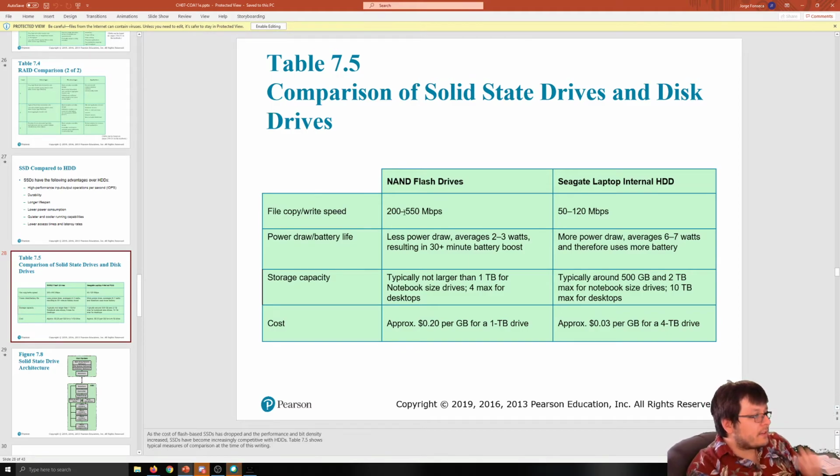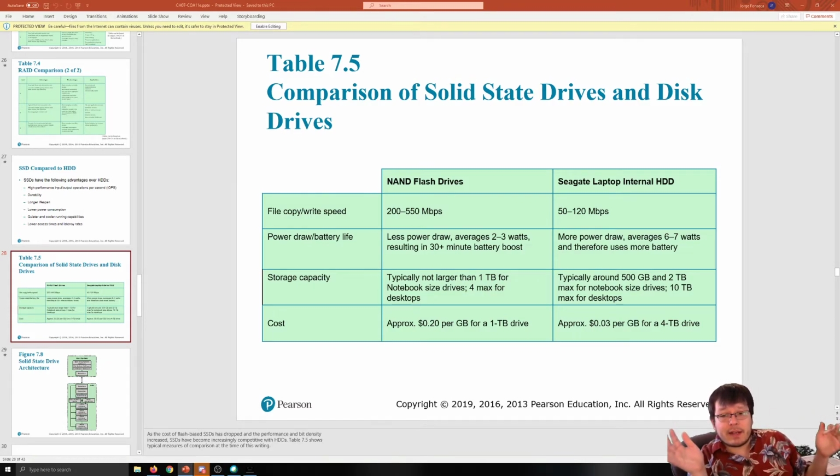SSDs use NAND, but I never really talked about NAND and NOR, okay? NAND and NOR are the two main types of memory. NOR works in the basic unit of a bit, and then for NAND the basic unit is like 16 or 32 bits, so it's a bigger block, per se. They're both great, but they have a little bit of pros and cons.